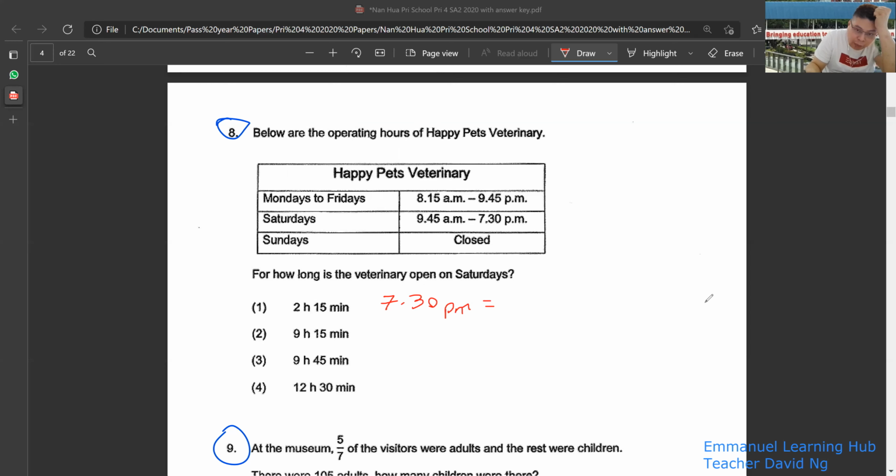You change 7:30 p.m. to 24 hours time. So 7:30 p.m. is equal to how many hours? You plus 12, you know already. 12 plus 7 is 19.